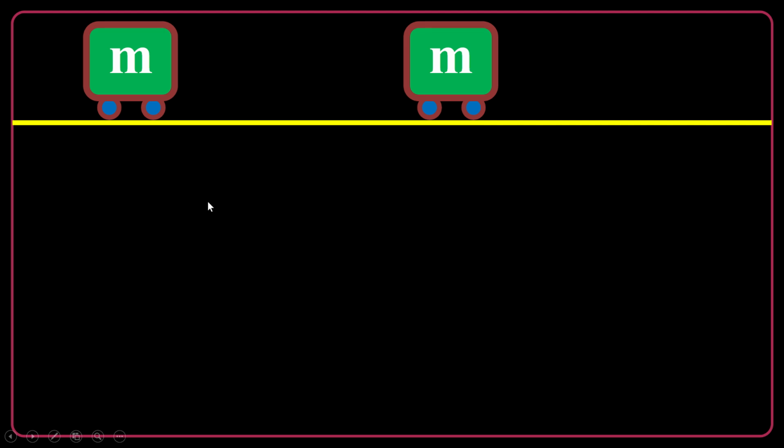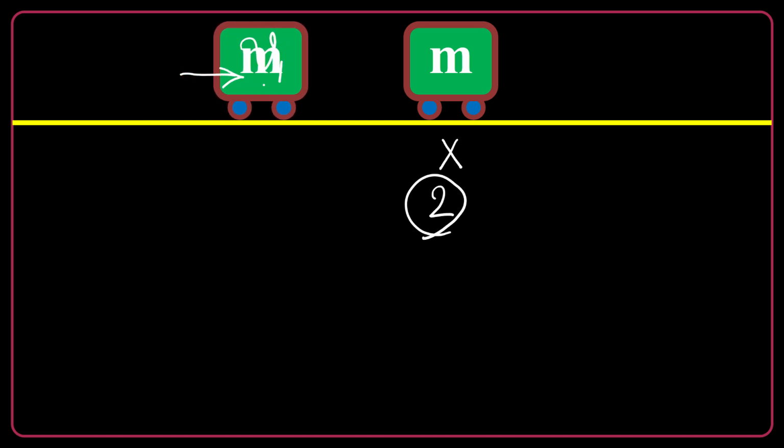Here I have a couple of carts with the same masses and I consider the collision to be fully elastic. I consider the second cart to be at rest. Cart number 2 is stationary, initially at rest, but cart number 1 is moving at a velocity of v1 rightward. Guess what happens if they collide?